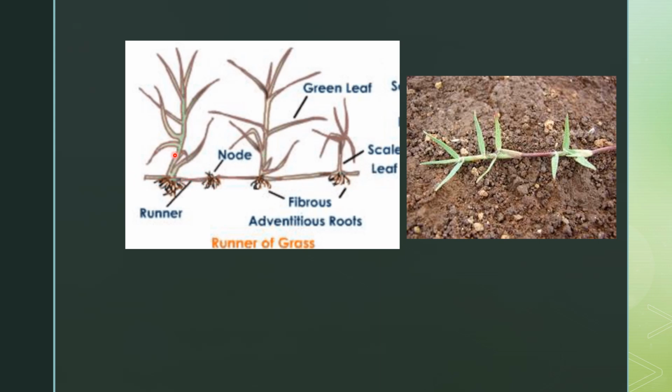If we say this is a mother plant, the stem grows horizontally over the soil, and there are scale leaves, axillary buds and terminal buds. There are also fibrous adventitious roots, so it can break off and give another new plant. It's called a runner.